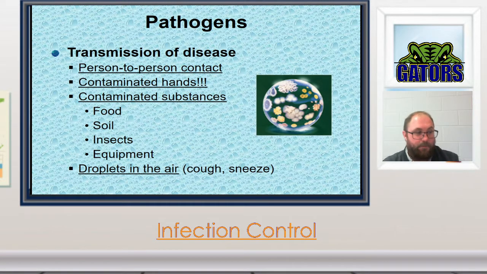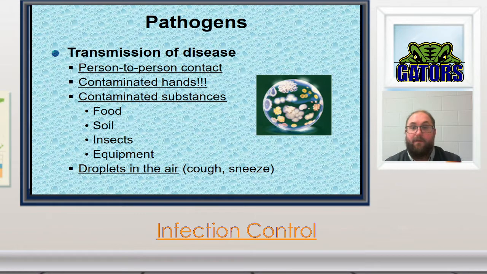So, most of the time, pathogens are transmitted through person-to-person contact, contaminated hands, contaminated substances, and droplets in the air. Okay? These are the major examples of transmission of disease.